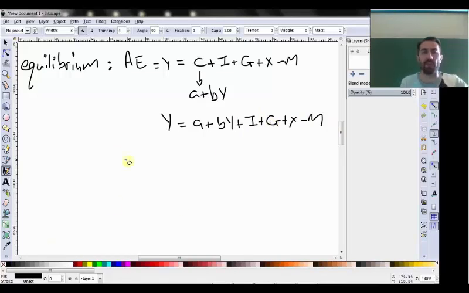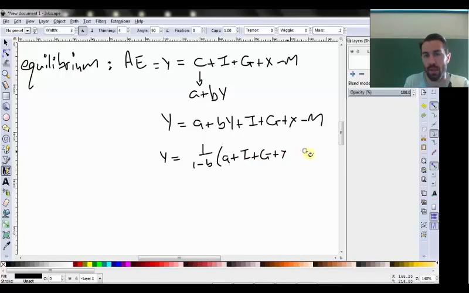We then did a bit of a rearrangement of this equation, and I think we were pretty confident that we could write this equation as Y is equal to 1 over 1 minus B times a whole bunch of variables again: A plus I plus G plus X minus M. Were we all happy with that? Did anyone have problems with that part? You with me? Okay.